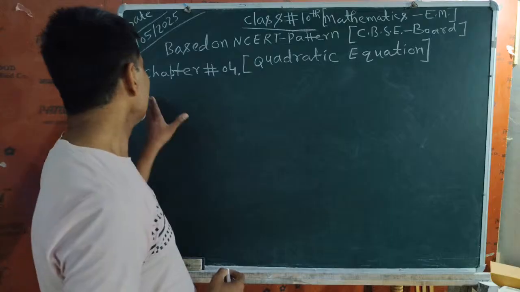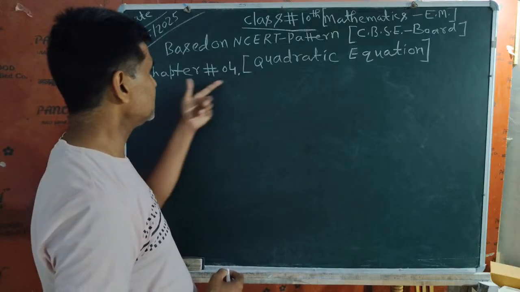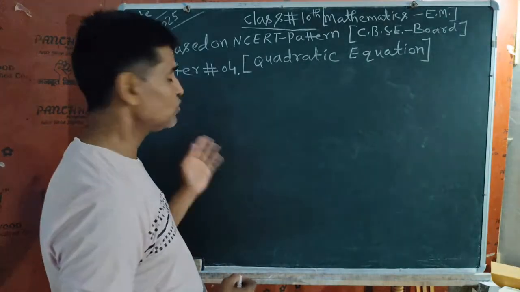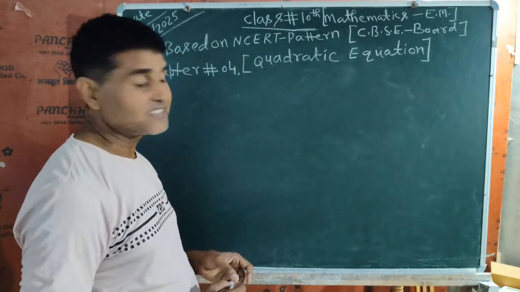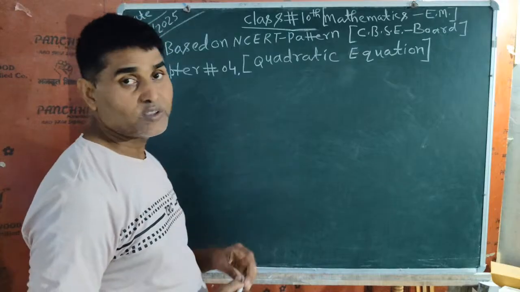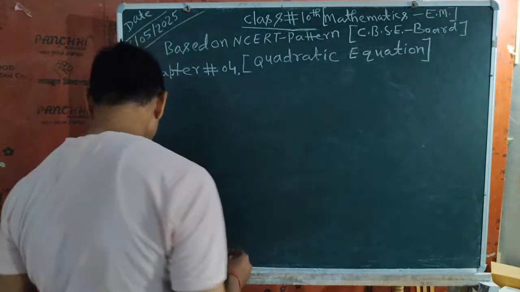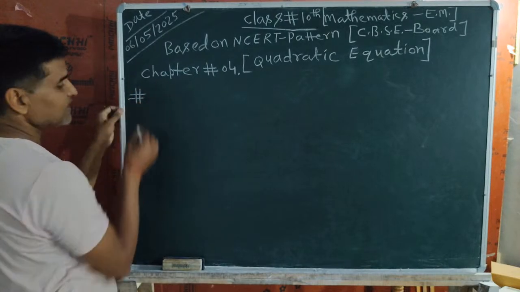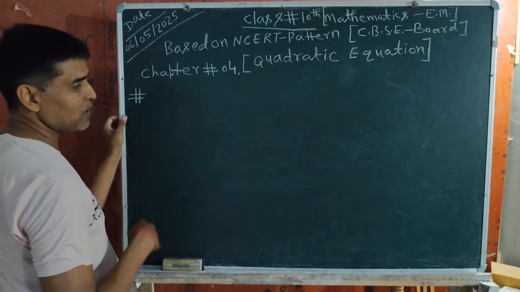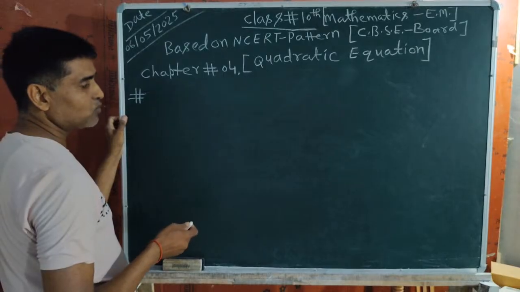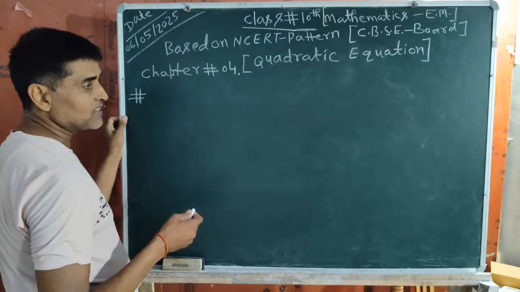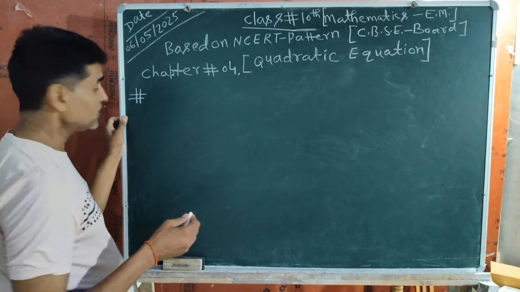Okay students, now this chapter number is 4, and its name is quadratic equation. Now I have to explain the relationship between a quadratic equation and the nature of the roots in detail. In the started class I have already explained its concept. Now I will solve some questions related to the relationship between a quadratic equation and the nature of the roots.